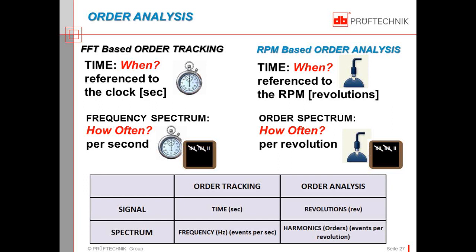When we talk about frequency, we're talking about how often. Again, we're talking about events per second, that is hertz, cycles per second or cycles per minute. On the other hand, when we're talking about RPM-based order analysis, the time is referenced to RPM. So the record length is in revolutions, not in seconds. And the order spectrum, again, is how often per revolution, harmonics, orders of X.